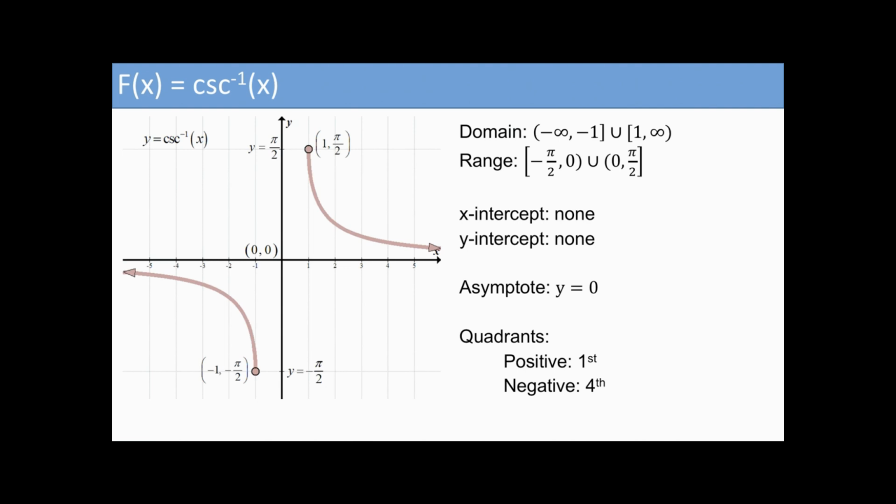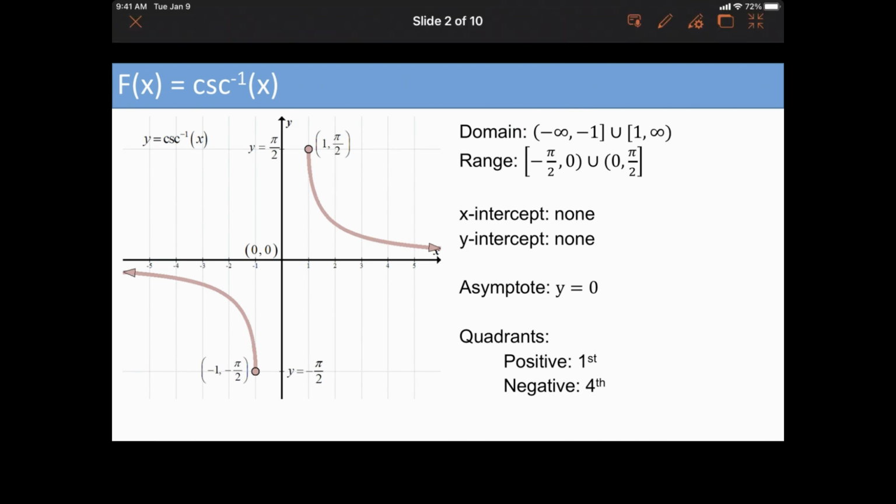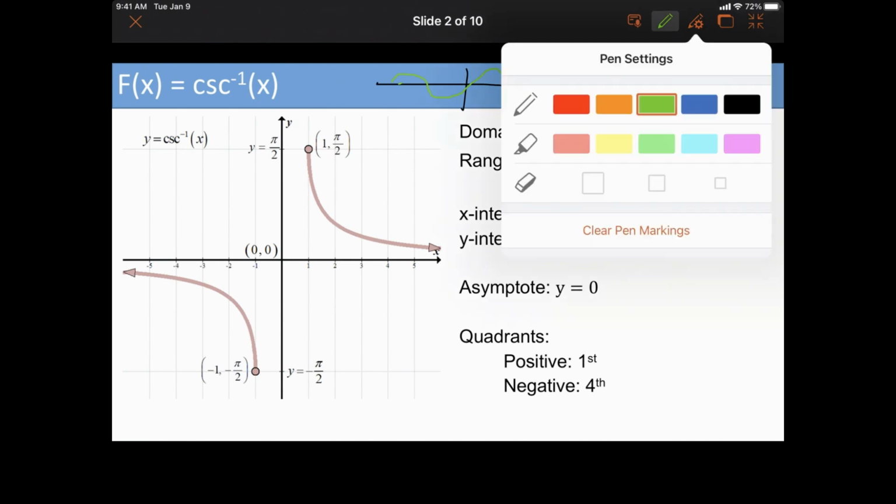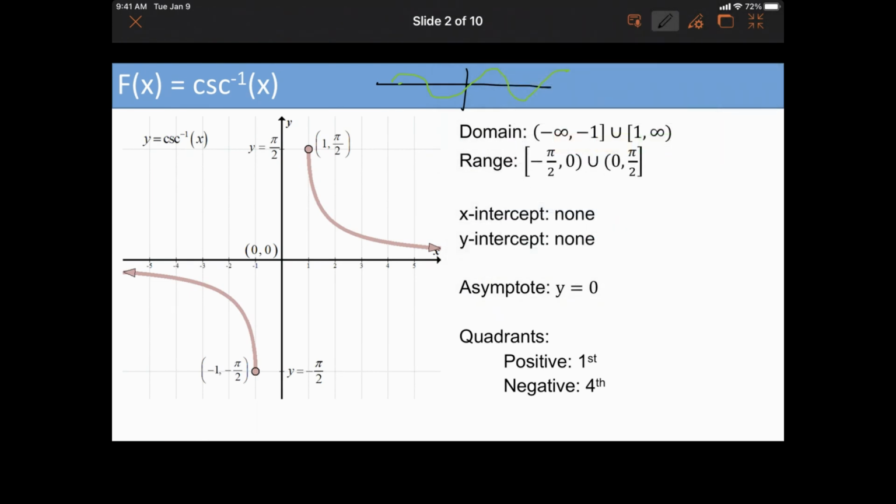Okay? So let's take a moment and think back on the secant graph. Remember, you had to draw sine first, and then you would draw the u's. A u and a u on the peaks and the valleys, and then you had asymptotes where the sine function intersects the x-axis.